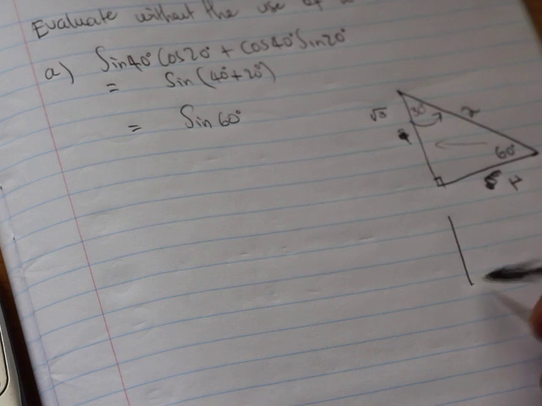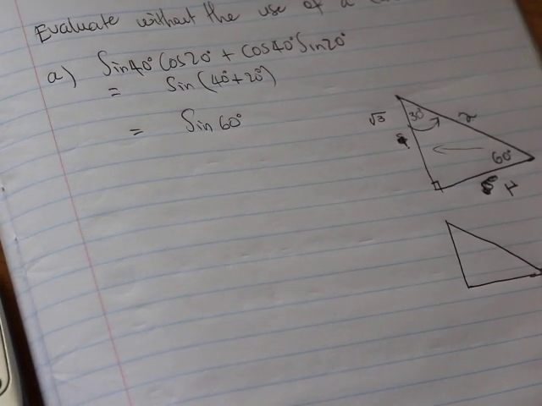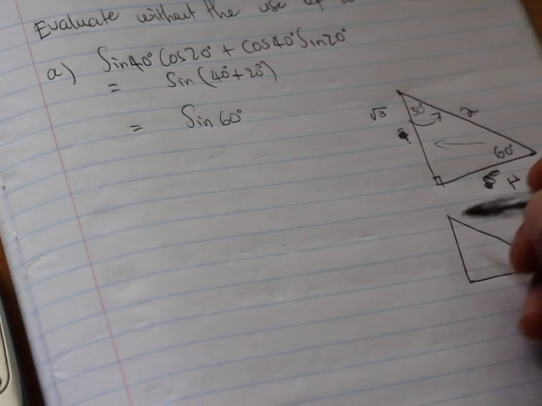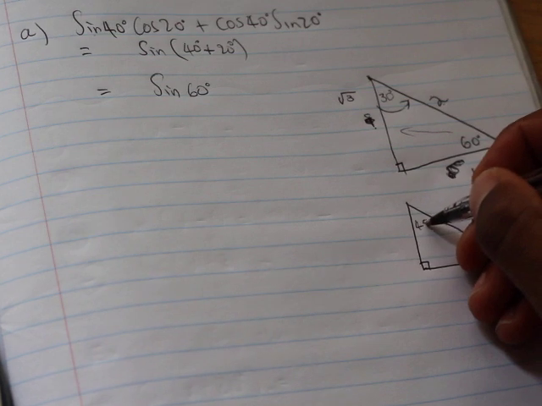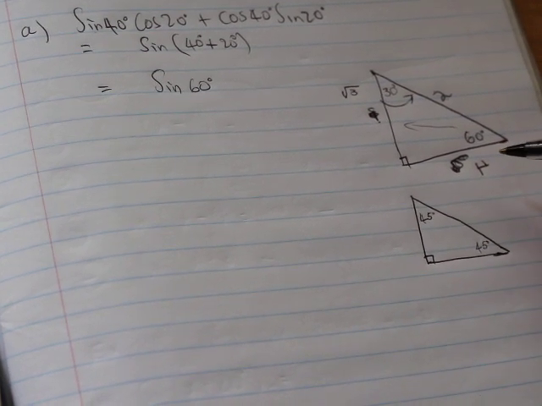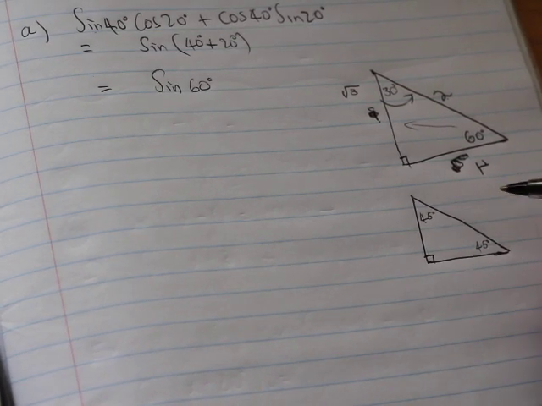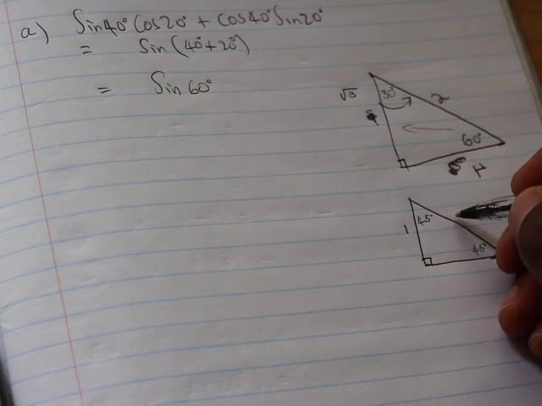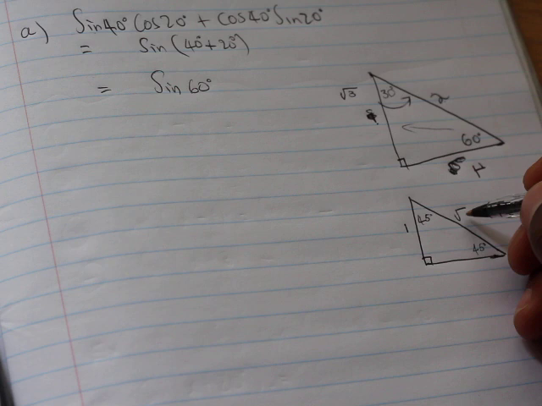Now I want us to draw another triangle that is also a little bit common, which is the 45 degrees triangle. So 45 degrees, 45 degrees. This is easy to remember because it's 1 here, 1 here, and root 2 there.